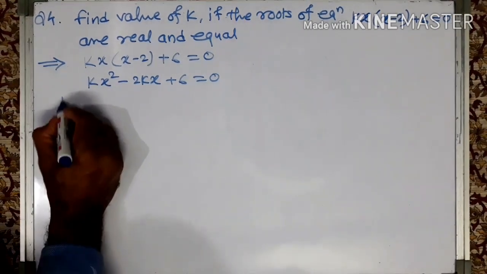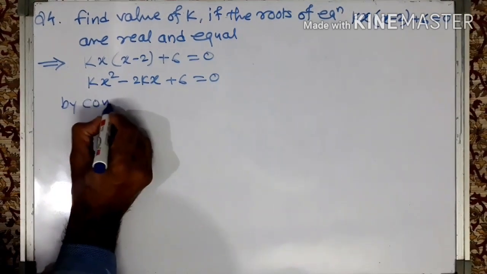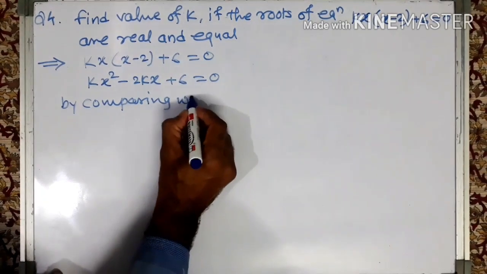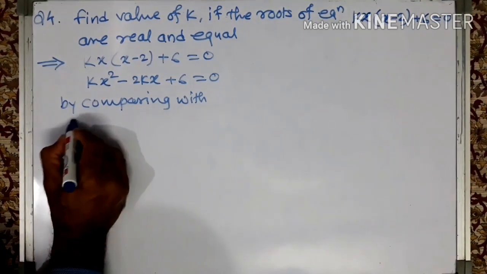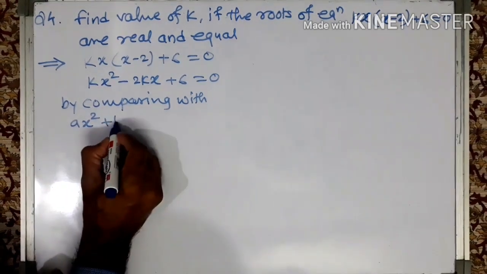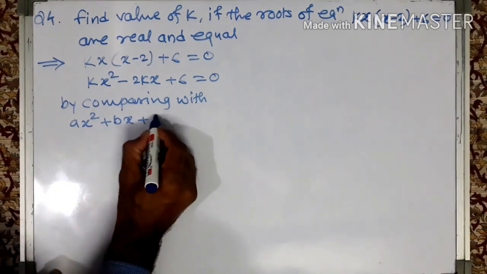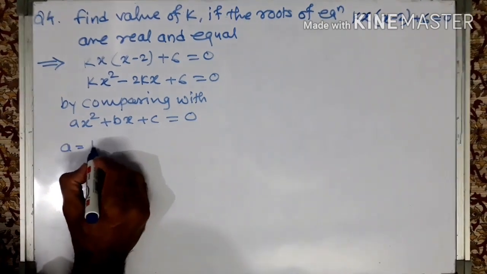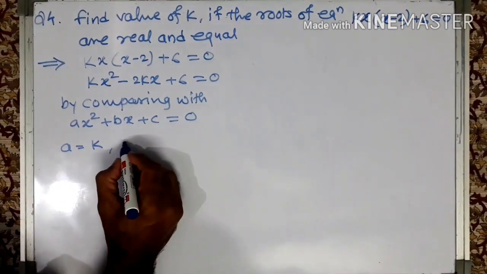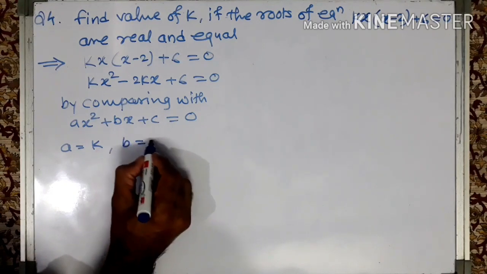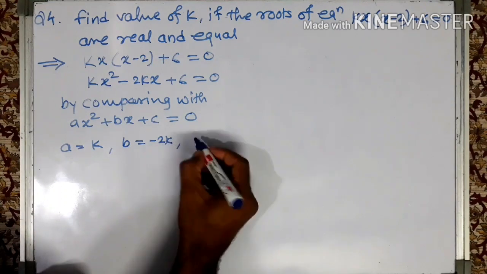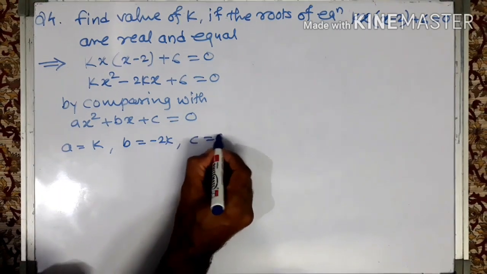Now by comparing with ax square plus bx plus c equals 0, value of a is k, value of b is minus 2k, value of c is 6.